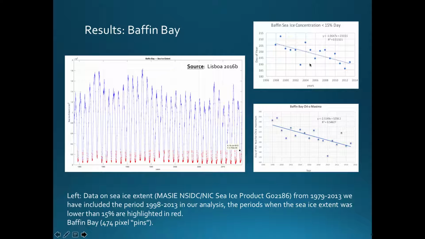And because this ice is melting sooner, it basically means that the sea ice is disappearing sooner for the same season, then we have phytoplankton growth also earlier in the year.